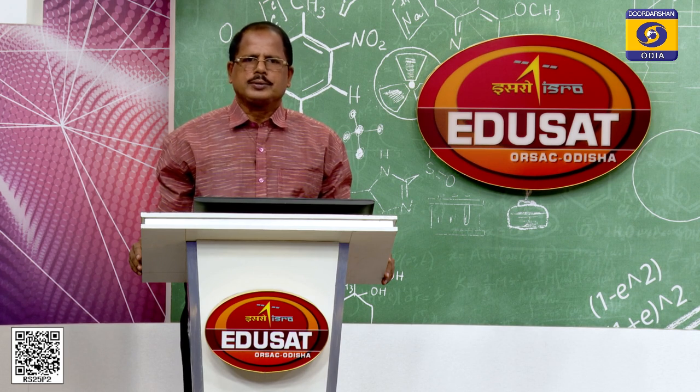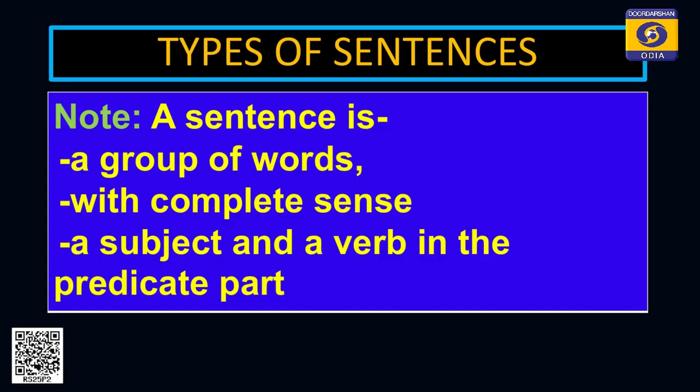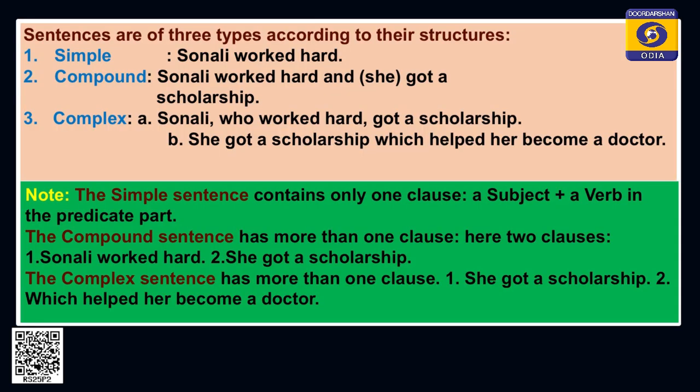So, let us see types of sentences, what a sentence is and what we discussed in the previous session. A sentence is a word or a group of words having complete sense, with a subject and a verb in the predicate. Sentences are of 3 types according to their structures: simple, compound, complex.